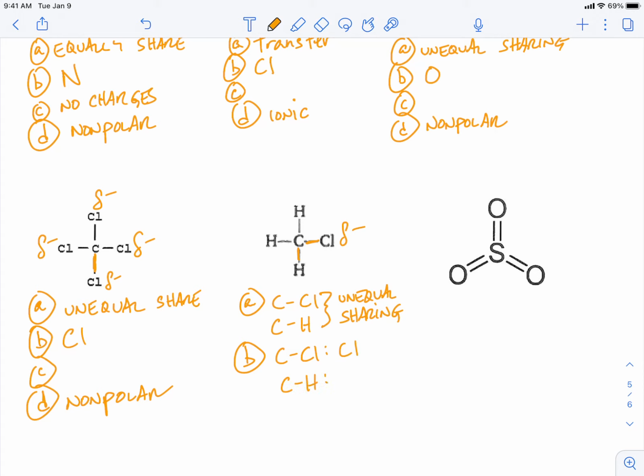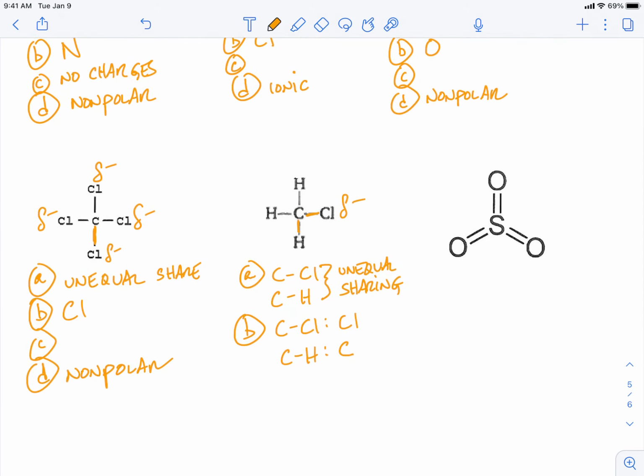Between the carbon and the hydrogen bond, however, carbon has the greater electronegativity. So carbon is more negative, hydrogen is more positive. So I'm going to put a partial positive on the hydrogens. As far as our classification, the top and the bottom are both positive, but the left and the right are positive and negative. So there's a pole on the left and right-hand side. So I'm going to call this a polar molecule.